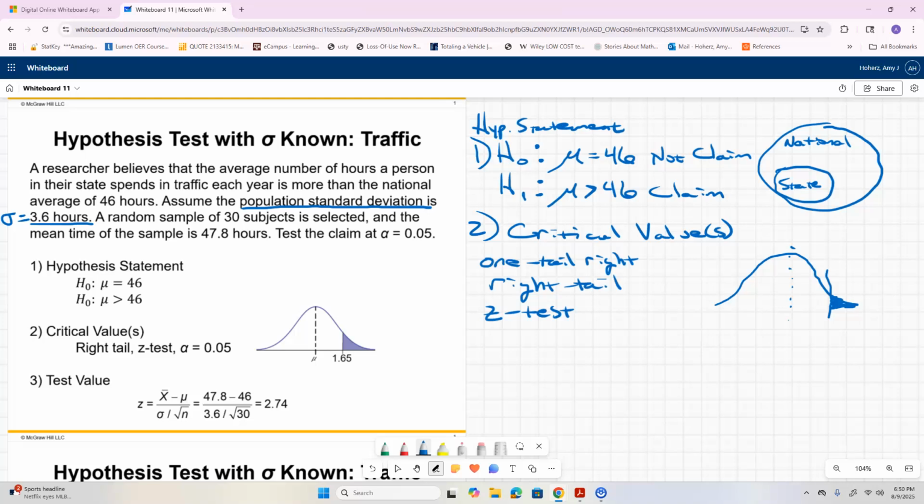Then it says a random sample of 30 subjects is selected. We'll get to that in a minute. Test the claim at alpha 0.05. So to get the critical value, we need to know that alpha is 0.05. We have to know we're doing a z-test, and we have to know it's right-tailed. So our picture's all set up. We know what we need off of the chart. We need right tail, z-value, alpha 0.05. So let's pull up our chart.